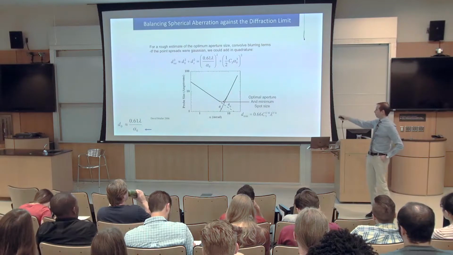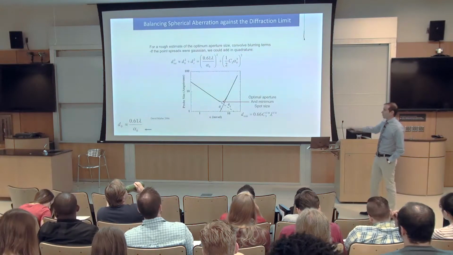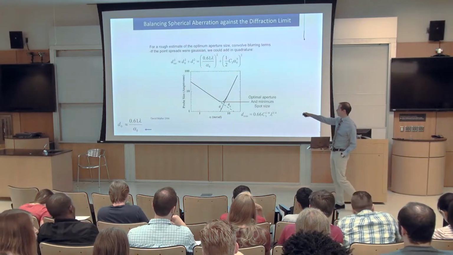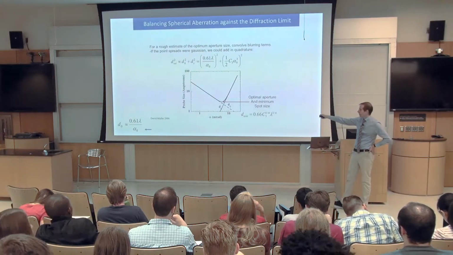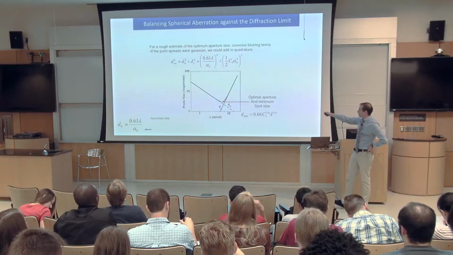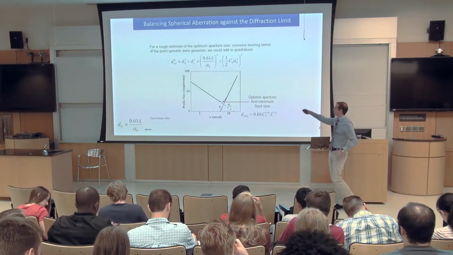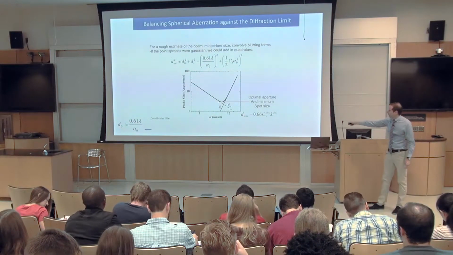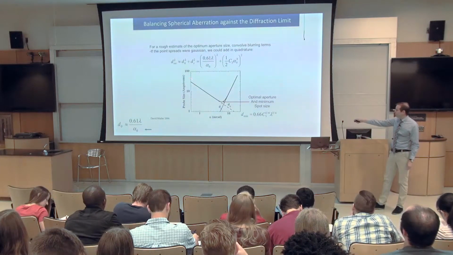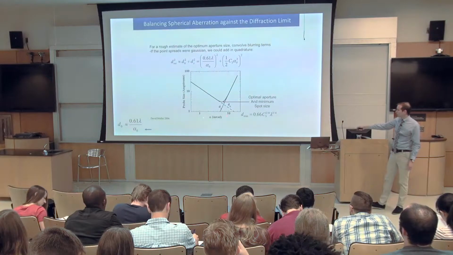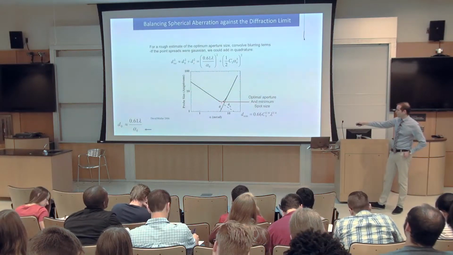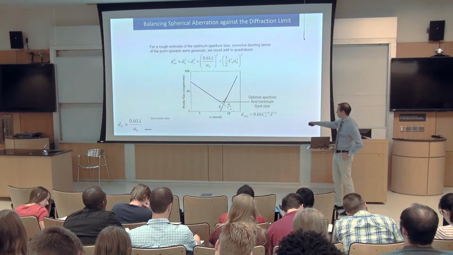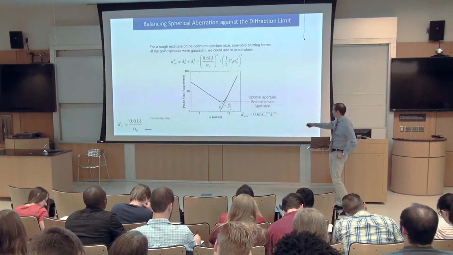In this back of the envelope calculation, we just approximate the shape of our diffraction pattern, the blurring contribution from our diffraction limit, and the contribution from spherical aberration, each as Gaussians, which allows us to add them in quadrature and illustrate how the probe size decreases to a point as we increase our convergence angle, but then eventually is dominated by spherical aberration as we go to higher angles.